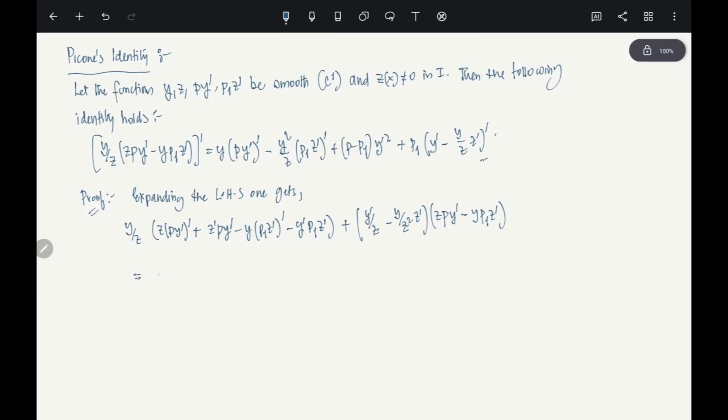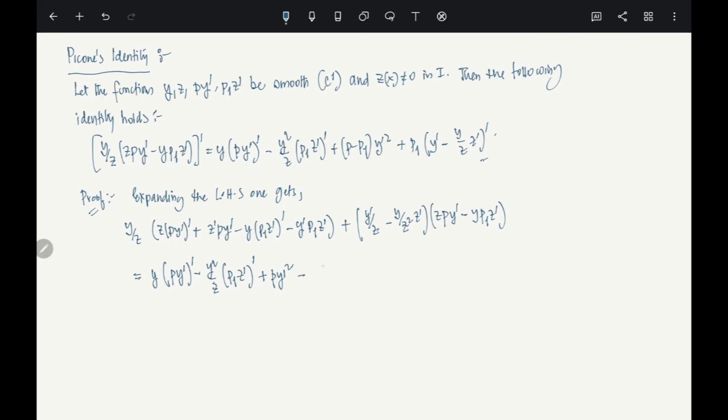Now see, this is nothing but y p y prime whole prime minus y square by z p1 z prime whole prime, right? Plus p y prime square, and one second, let me just check it is okay. Yeah, fine.